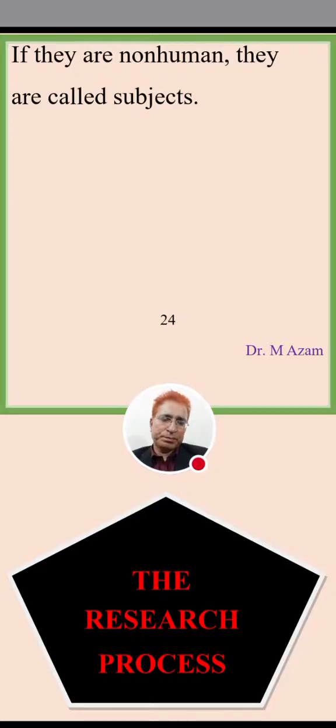For example, zoologists, experts in zoology, also conduct experiments on animals: buffaloes, cows, camels, rats. Those animals are their subjects when they conduct experiments on them. So, if the participants are non human, they are called subjects. If they are human, they are called participants.